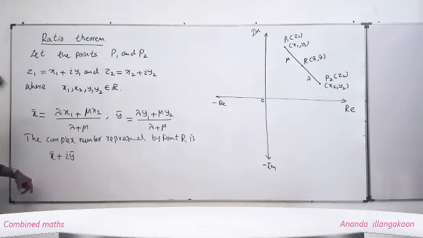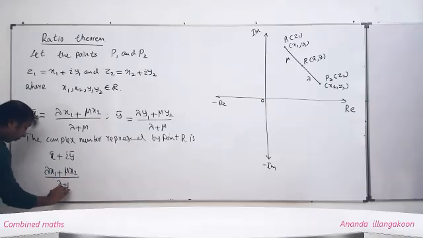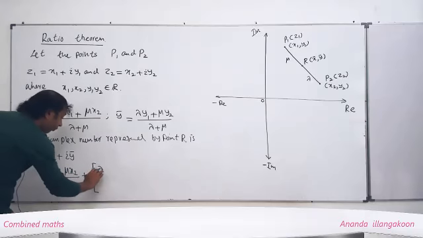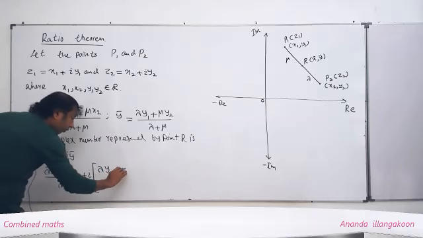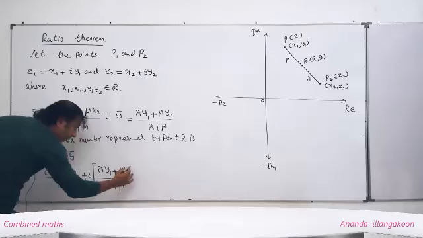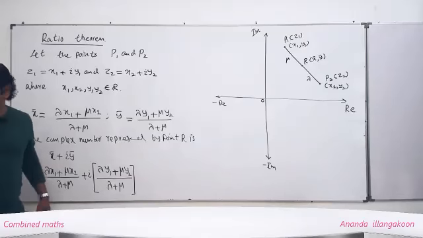Then substitute for this x bar and y bar. X bar is what, people? This, no? Lambda x1 plus mu x2 divided by lambda plus mu, and y bar like this. Okay. Now you can write, people, next.